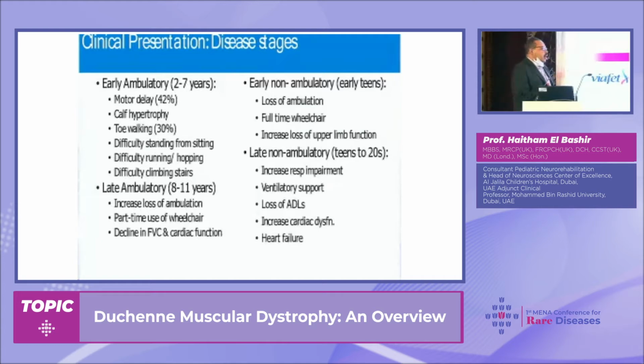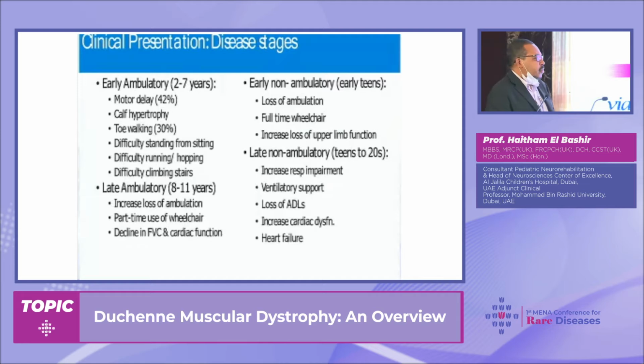When that happens, you will always find a decline in their forced vital capacity and their cardiac function. So it's important when you see them in clinic in that late ambulatory stage to always make sure that they're being monitored by cardiology and pulmonology. Then when they lose their ability to walk, they go into the non-ambulatory stage and become full-time wheelchair bound.